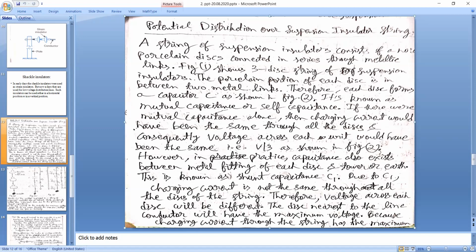Figure 1 will show a string insulator with 3 porcelain discs. The porcelain portion of each disc is in between 2 metal links, because ultimately these discs are connected to each other via metal links only. Therefore, each disc forms a capacitor C as shown in figure 2.